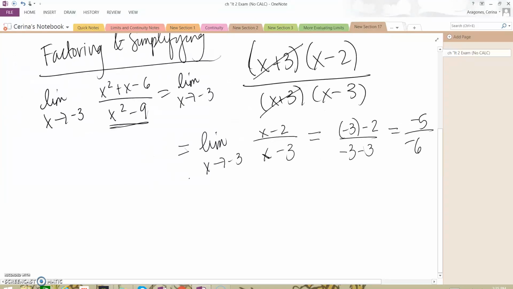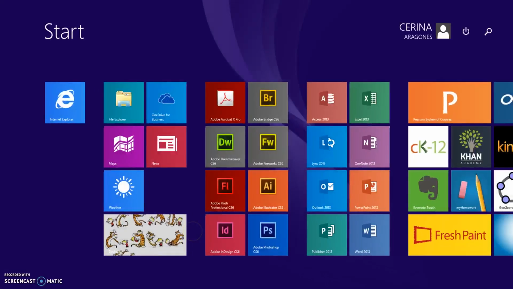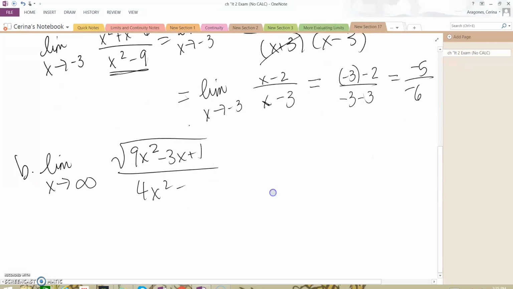The next one was asking you to find the limit as x approaches infinity of the square root of 9x squared minus 3x plus 1 over 4x squared minus 1. This one you could simply analyze by using logic.